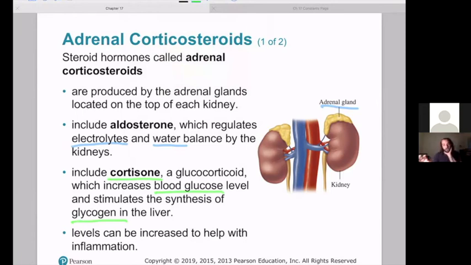So this is like the animal starch being synthesized within the liver. You can increase these levels. So cortisone, you might have heard of for inflammation, in particular, like allergic reaction type of stuff. And a side effect of something like Benadryl, which affects these adrenal glands, is increased thirst and increased urination.